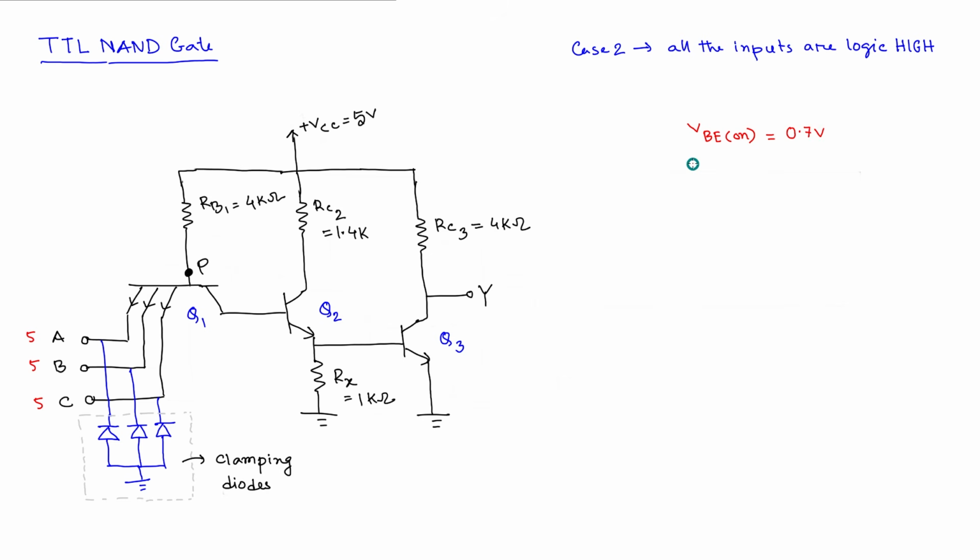There is another term called VBE sat, which is saturation. So whenever a particular transistor is in saturation, then for the transistor from base to emitter, what is the voltage required? Up until now, the value we have used for this case was also 0.7.